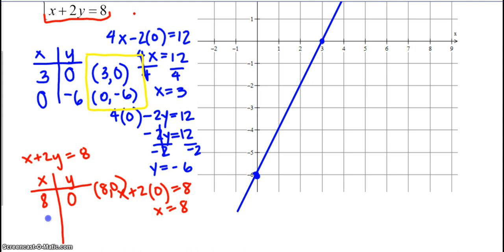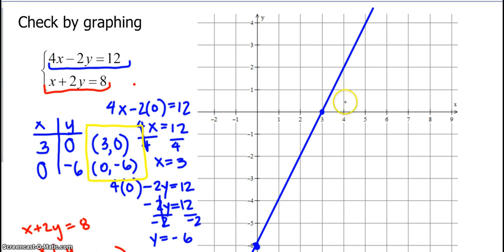Our y-intercept is the value of y when x is 0. So I'm going to put a 0 in for x. 0 plus 2y equals 8. Therefore, y equals 4. So we have 0, 4. So our ordered pairs are 8, 0, and 0, 4. I'm going to use a straight edge to connect those 2 points.